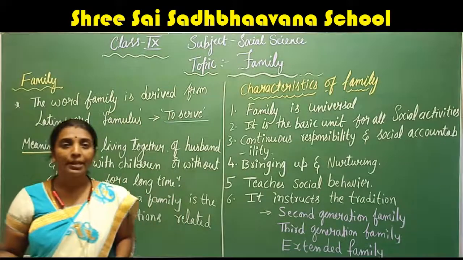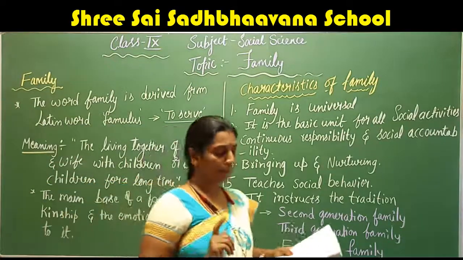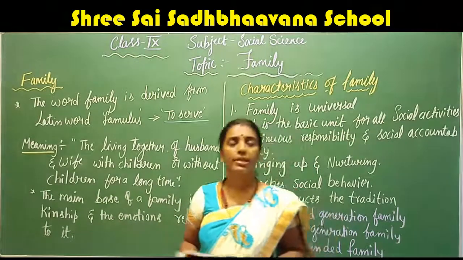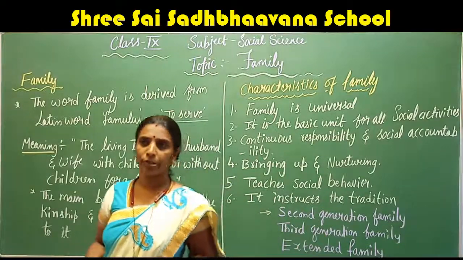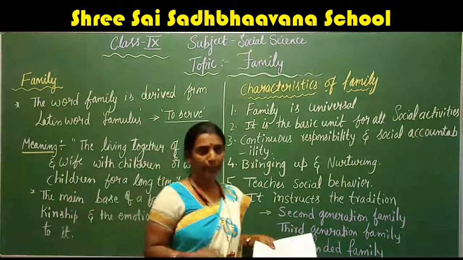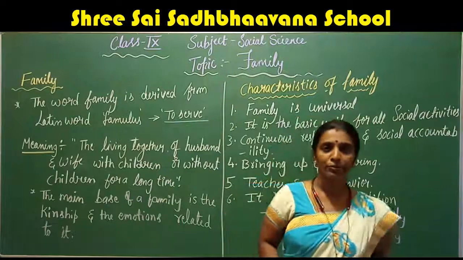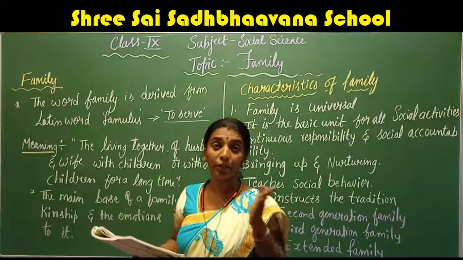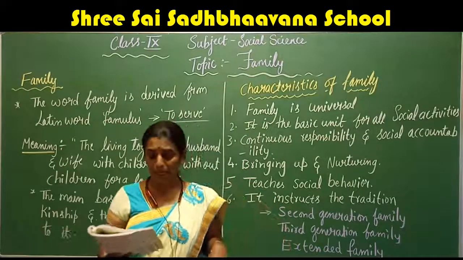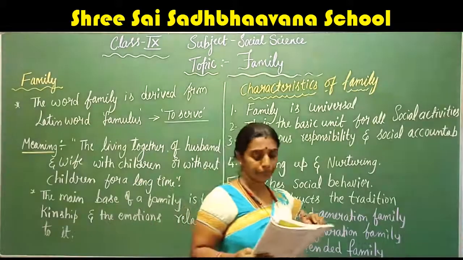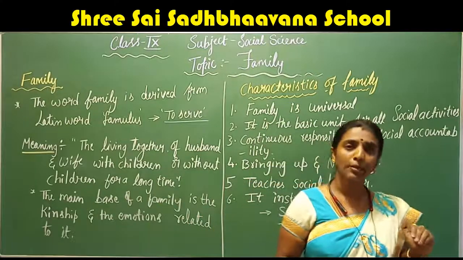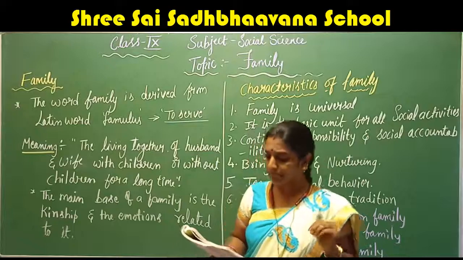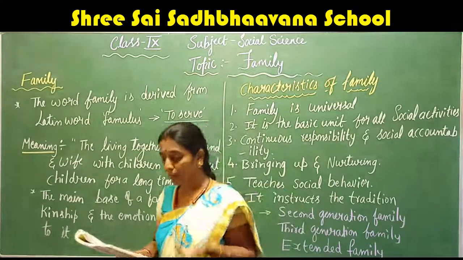Families which have no children but only the father and mother, and families that have adopted children, are also there. Nowadays, in the modern world, we are very forward when compared to ancient times. Now other members of the family other than mother, father, and children are not considered part of the family.